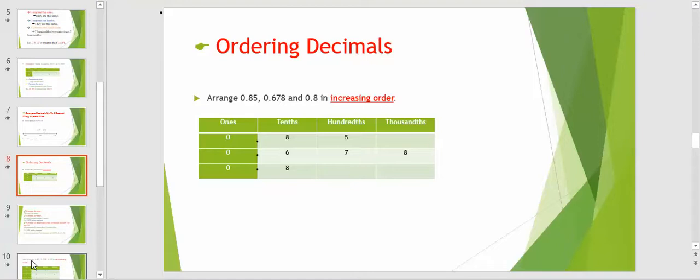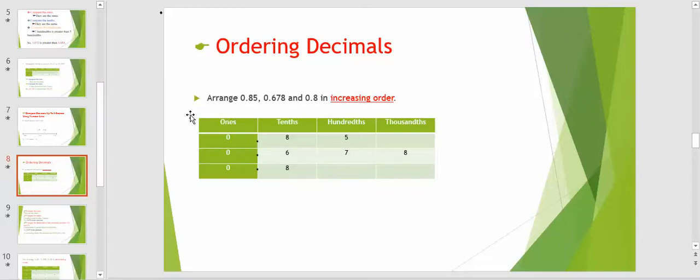And ordering decimals. What is ordering? Ordering means we arrange the numbers from the smallest to the greatest, or from the greatest to the smallest. And we have words like increasing order, decreasing order, ascending order, or descending order, but it depends on the real situation.